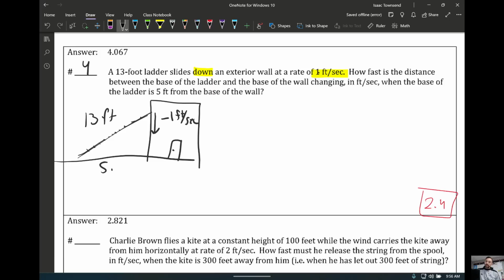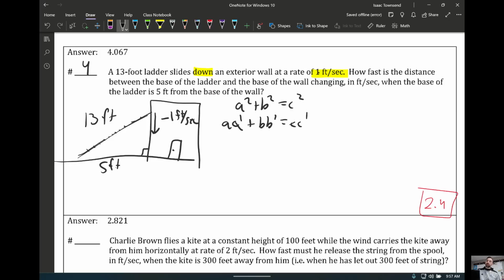Okay, when the ladder is 5 feet away. So here's our right triangle. Pythagorean theorem's the one that's going to tie all of this together. After I take the derivative of all of those and divide by 2, we get to that. Still okay here?